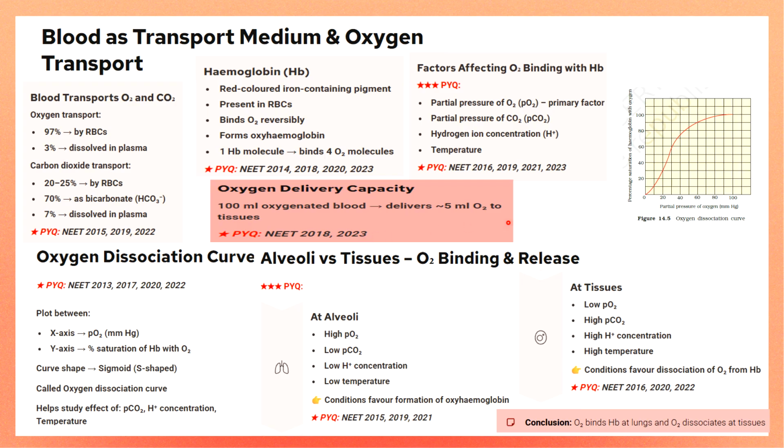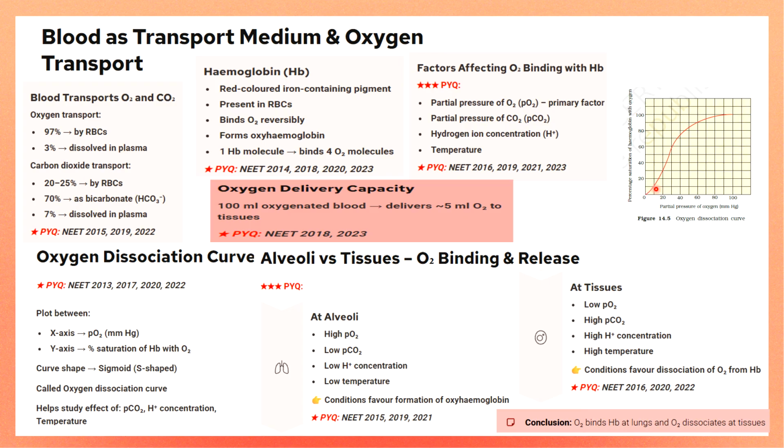Now, if we plot a graph, in the x-axis we take the partial pressure of oxygen, increasing partial pressure of oxygen, and in the y-axis we take the percentage saturation of hemoglobin with oxygen, which means how much hemoglobin is able to bind to the oxygen, then we get an S-shaped curve. This is called the oxygen dissociation curve.